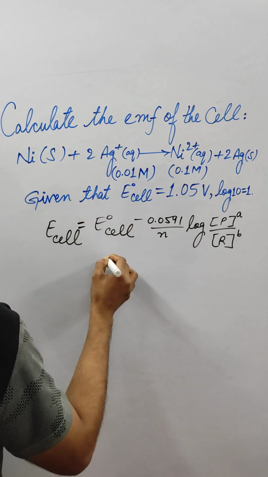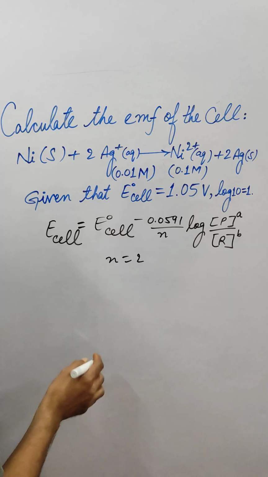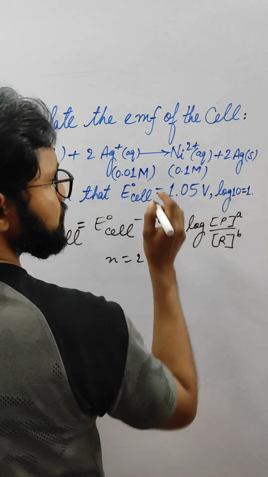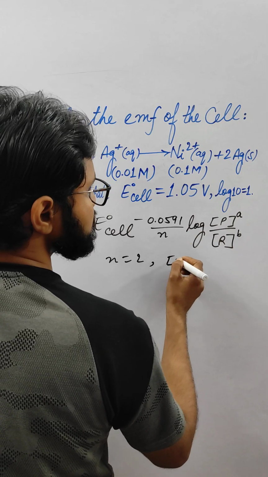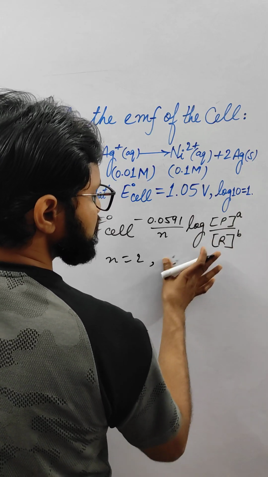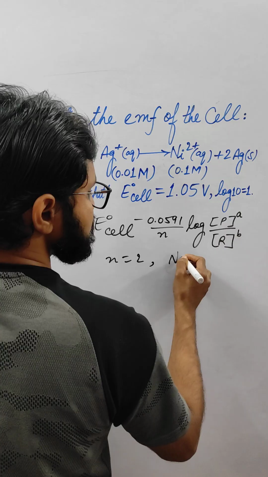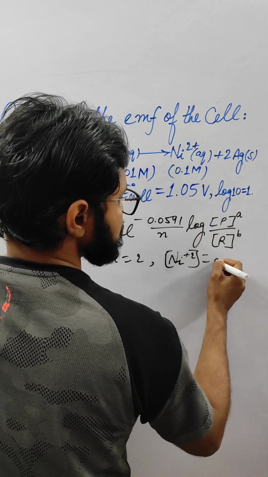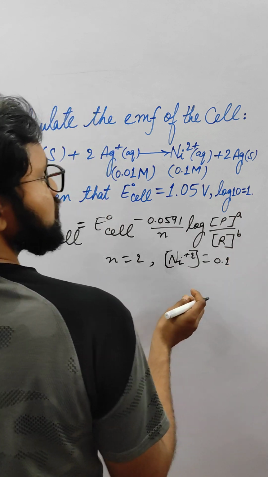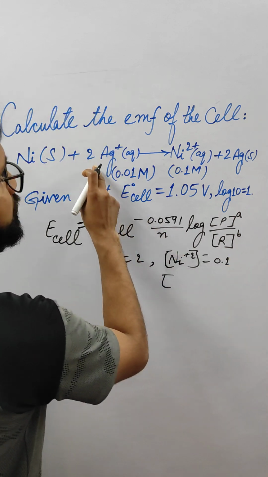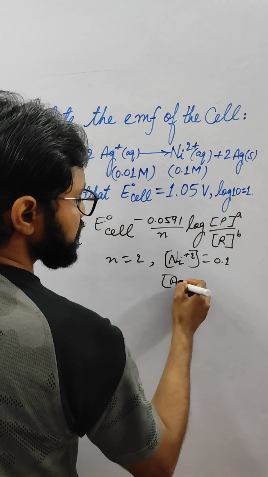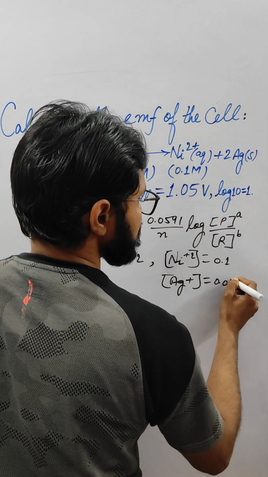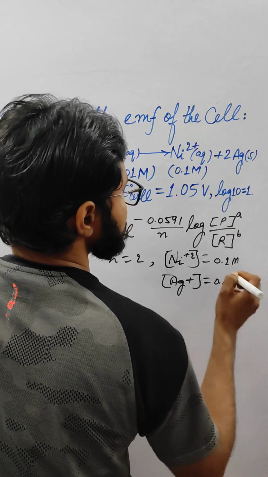So the number of electrons is 2, so the value of n is 2. The concentration of product, that is our nickel 2+, is 0.1, and the concentration of reactant, that is our Ag⁺, is 0.01 molarity.